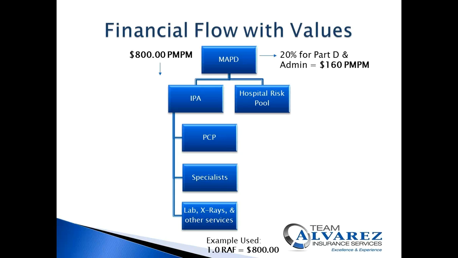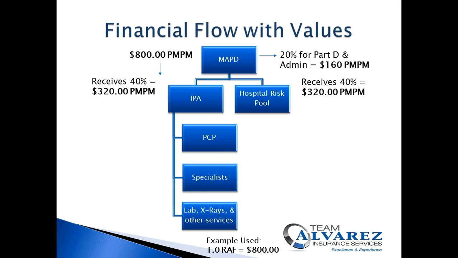Okay. The IPA is going to receive approximately 40% of that $800, which is around $320 per member per month. And remember, there has to be a dollar amount allocated towards the risk pool as well, which is about 40%, in case you have patients that go to the hospital.